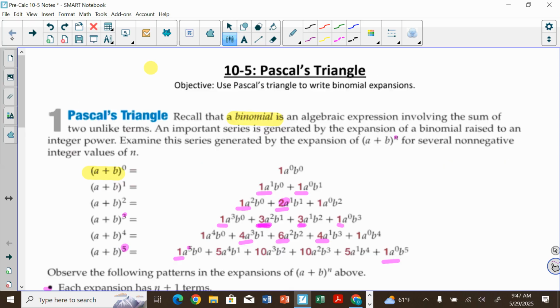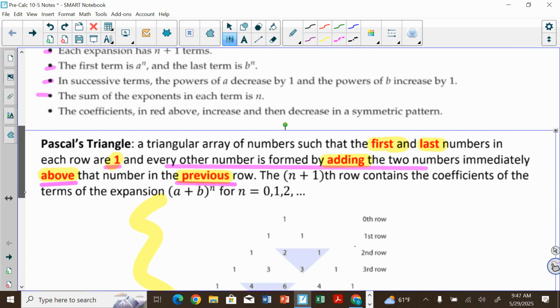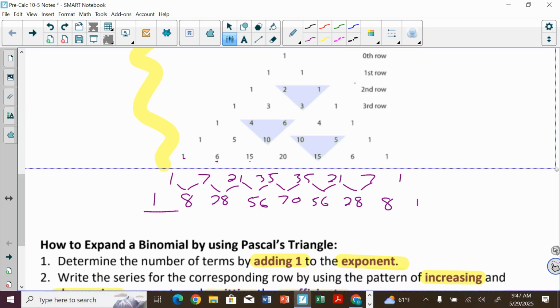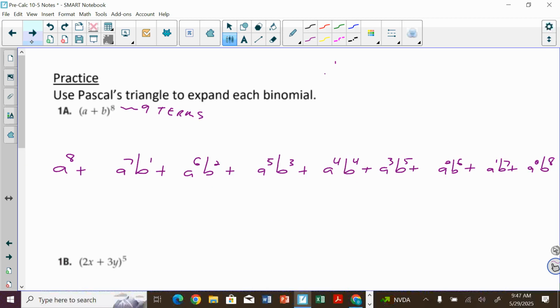All right, now let's put in those coefficients. When it's an a plus b, I'm just using these as my coefficients, and I'm going to write them in where they go. So this one here is a 1. It's going to stay the 1, just a^8. I'm going to use blue just to show that they're there, so they show up a little better. The next one was an 8, the next one was a 28, the next one was a 56.